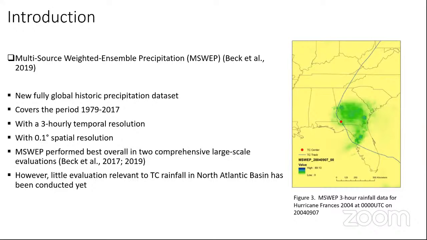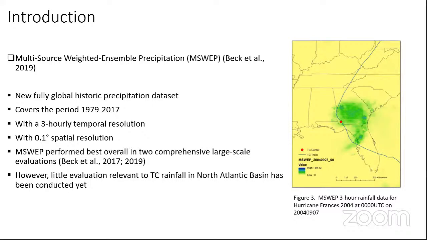Another data set is the multi-source weighted ensemble precipitation, MSWEP. It is a pretty new data set. It optimally takes advantage of a wide range of gauge, satellite, and reanalysis data to supply reliable precipitation estimates with high temporal and spatial resolution globally.